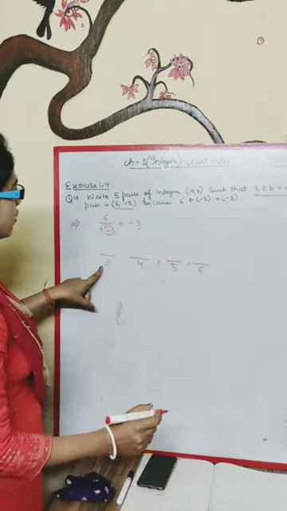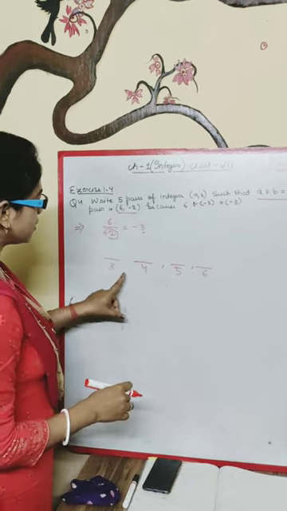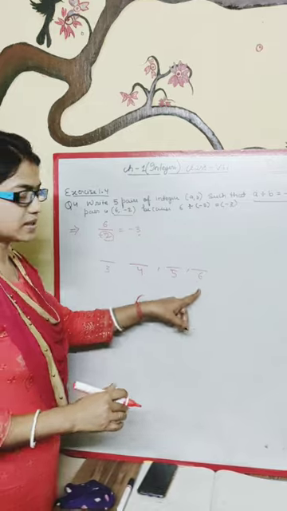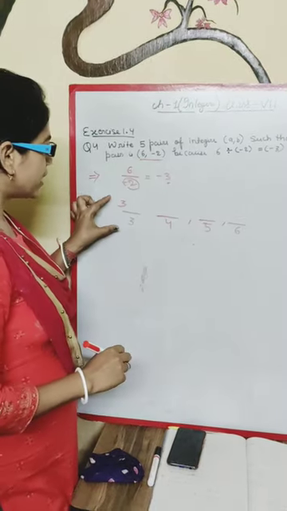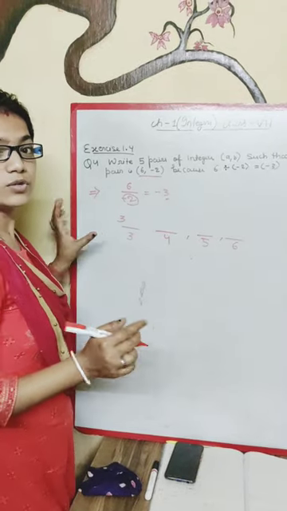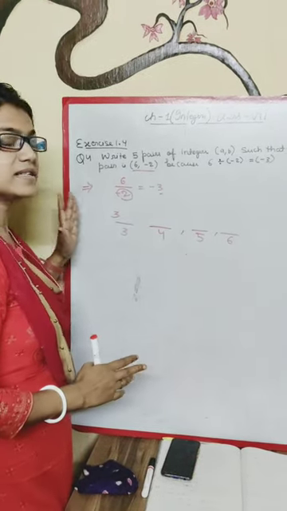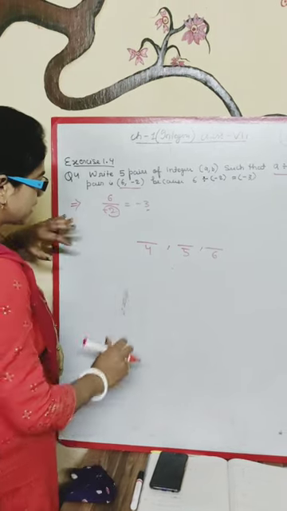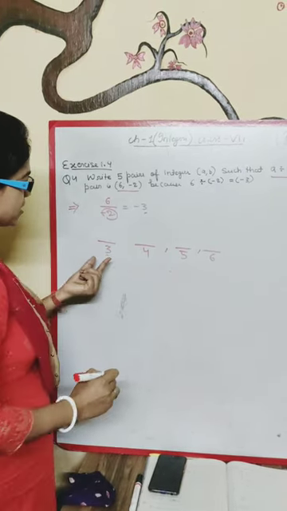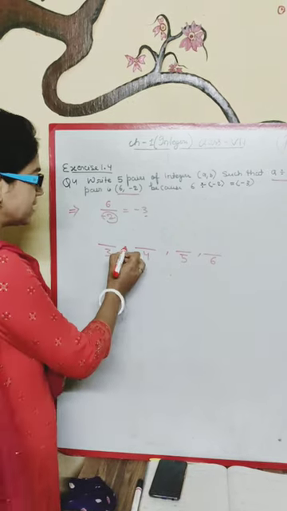Okay, we have to find out 5 pairs, na? So here 1, 2, 3, 4 we have written. You just concentrate over here on this question. This is the important question over here. So from the starting I'm just writing 3, 4, 5, 6 in the denominator part.